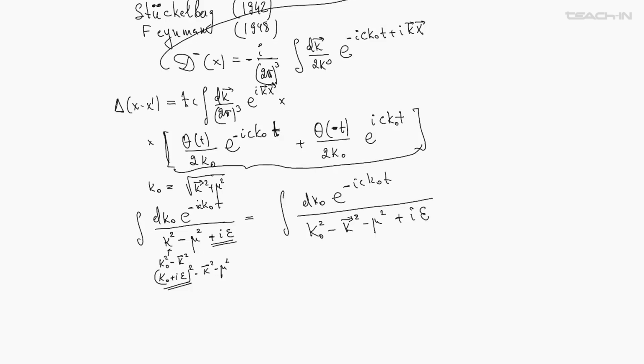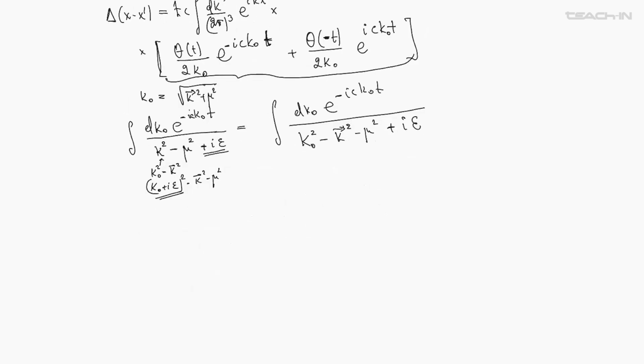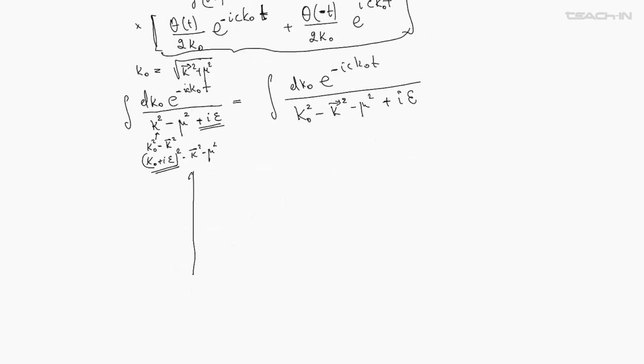So if I look at the k0 plane again, then you will see that here, again, on the real line, I have these two values, square root of k squared plus mu squared, and square root of k squared plus mu squared with a minus in front.